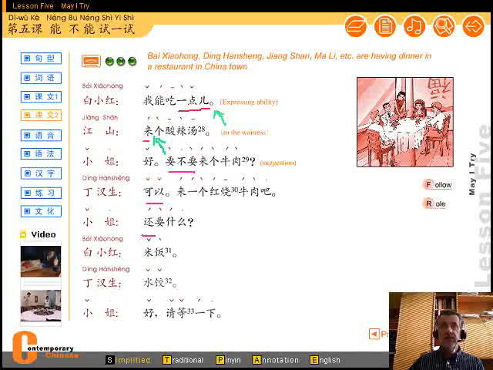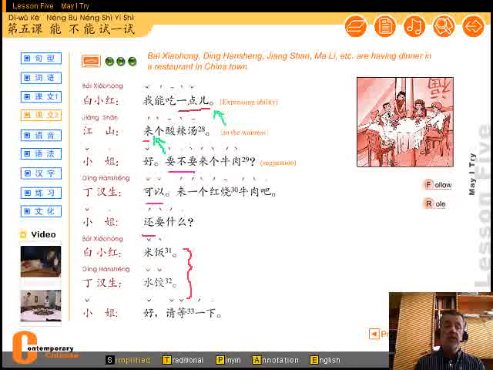For those of you that were there today at the lecture, or listened to the lecture on ecosystem, you'll understand why I said that. Now, these two, 米饭 and 水饺, you would know from the cultural presentation number 2 that these are what are called staples, 主食.